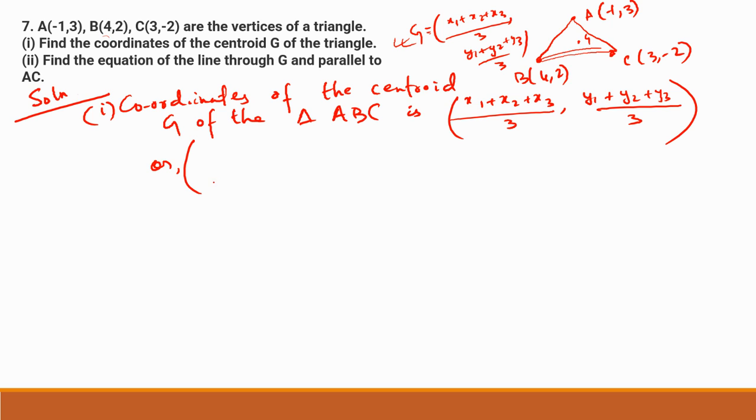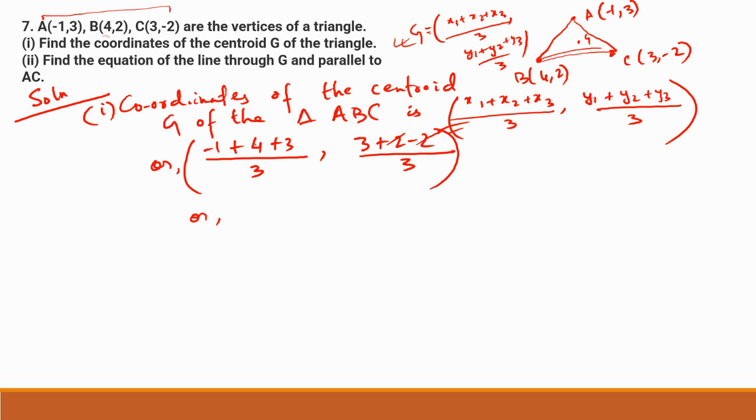You don't even need to write this, because they have given you the numbers. They have given you ABC, so it's fine. You can directly write minus 1 plus 4 plus 3 by 3, comma 3 plus 2 minus 2 by 3. So you will get it as 2 comma 1. So this will be your answer 1.